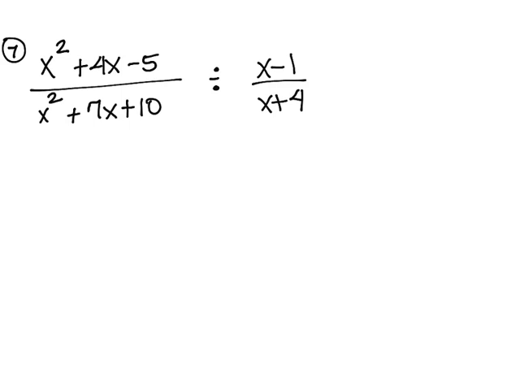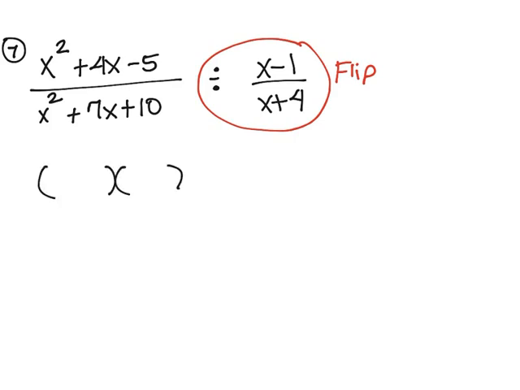Okay. So we do know we're going to flip the second one, right? Because it's division. But we're going to tackle this first fraction first, which is nothing but factoring a trinomial. Does everyone see that? That's just two trinomials. So that means you're going to have two parentheses on both the top and bottom.